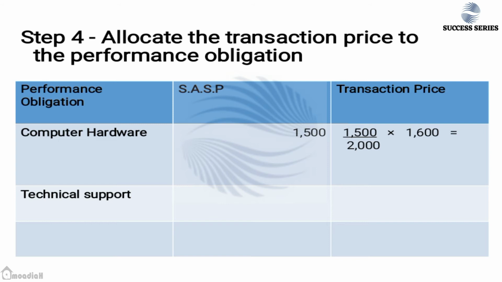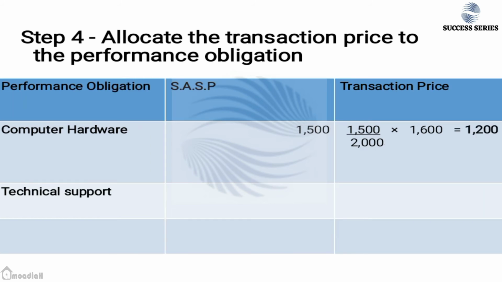The total standalone selling price is the computer hardware's 1,500 plus the technical support's 500. Adding the two gives us 2,000. So the transaction price allocation will be 1,500 divided by 2,000 multiplied by the transaction price stated in the contract, which was 1,600, and we are going to get 1,200.